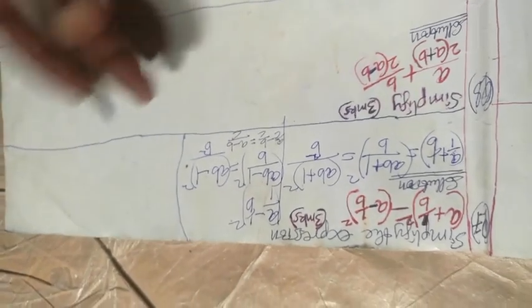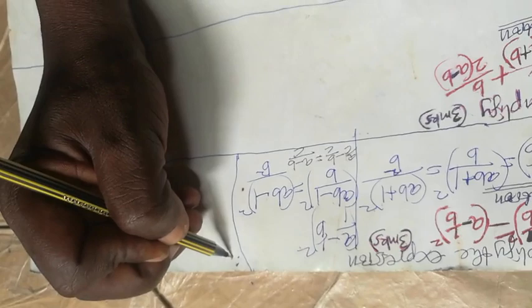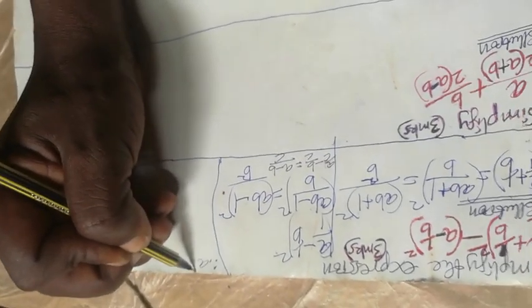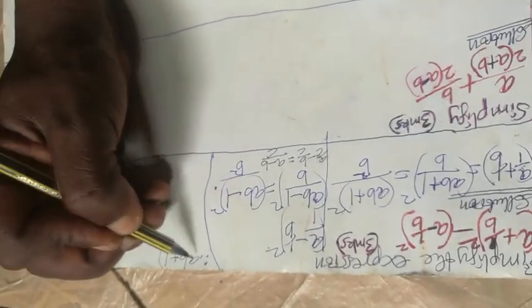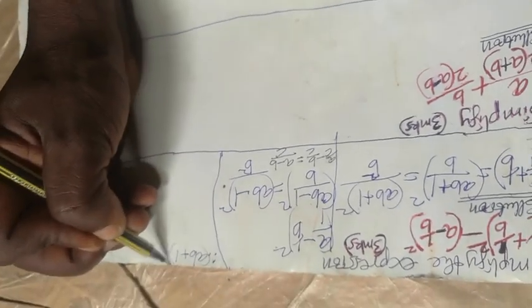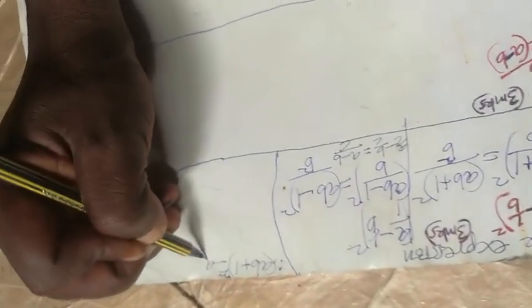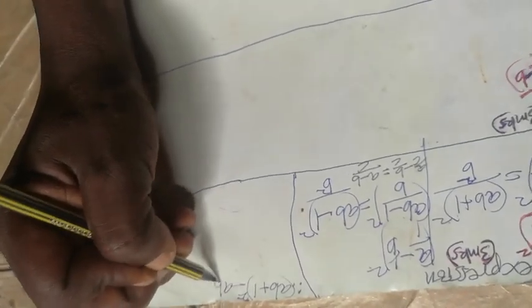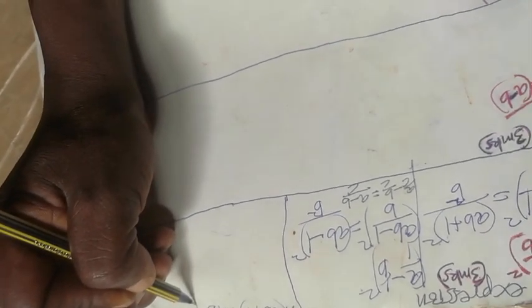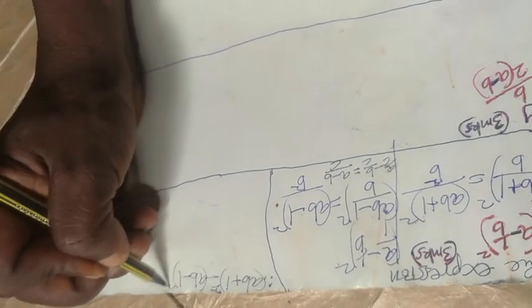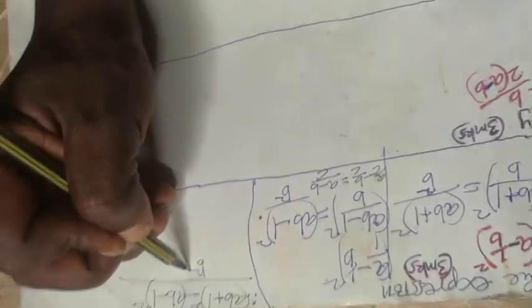Therefore, ab plus 1 in brackets squared minus ab minus 1 in brackets squared, all over b squared.